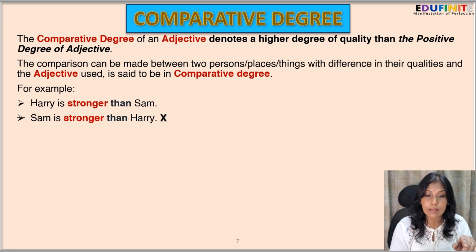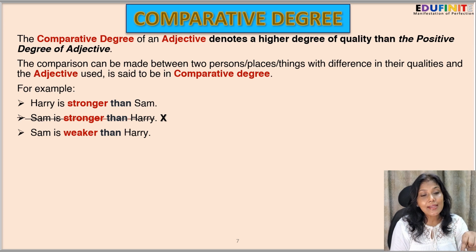So if we reverse the sentence and say Sam is stronger than Harry, then the meaning changes absolutely, because we've already said that Harry is stronger than Sam. That means Sam is not stronger than Harry. So if we reverse the sentence and say Sam is stronger than Harry, then that is absolutely wrong. We are contradicting our first statement.